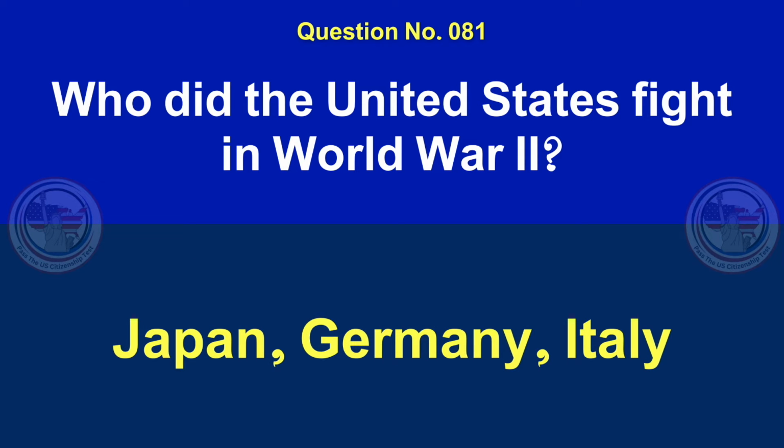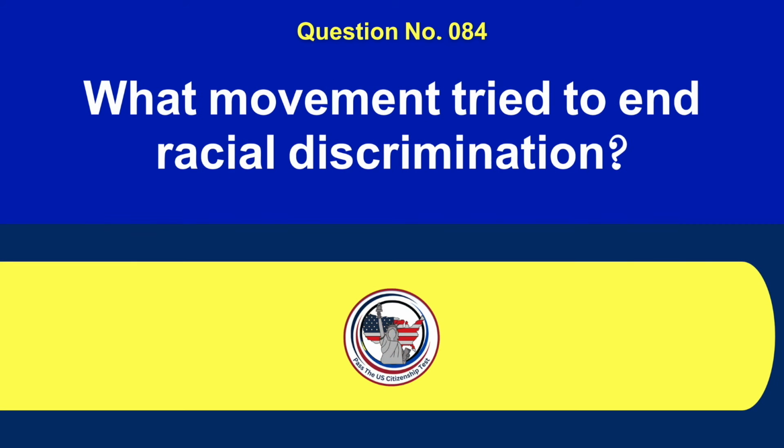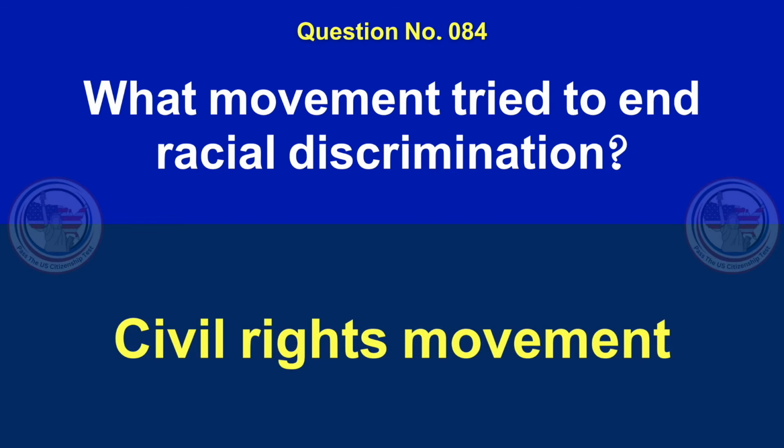Japan, Germany, and Italy. What movement tried to end racial discrimination? Civil rights movement.